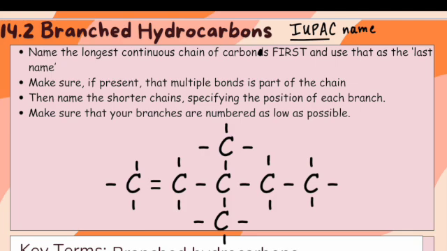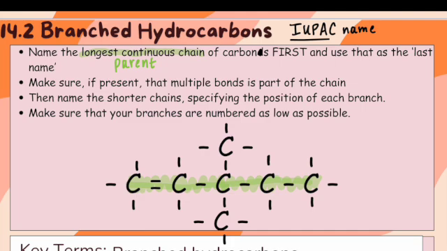So the first thing I'm going to do is name the longest continuous chain of carbons first. Okay, the longest continuous chain is also called the parent chain, which I'll refer to it as. Okay, the parent carbon chain. So the parent carbon chain for this branched hydrocarbon is here. It's continuous, it's the longest one, it's 5 carbons next to each other, so we call that the parent chain.